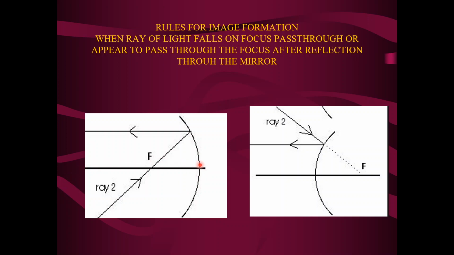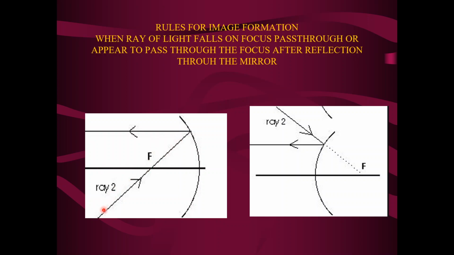You will draw a line, mark the pole, the center of curvature, and exactly between the pole and center of curvature you will mark the focus. For example, if the distance between the pole and the focus is 2 cm, the distance between the focus and the center of curvature will also be 2 cm.